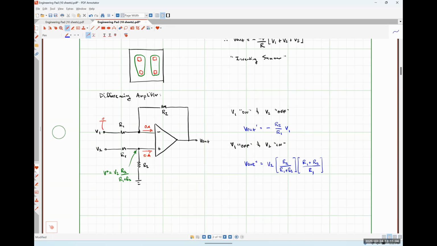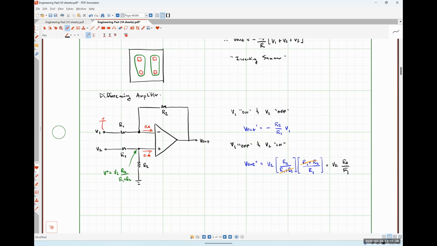Can we agree that 1 plus R2 over R1 is the same thing as R1 plus R2 all over R1? We can observe that that numerator cancels that denominator, and I'm left with a factor of V2 times positive R2 over R1.